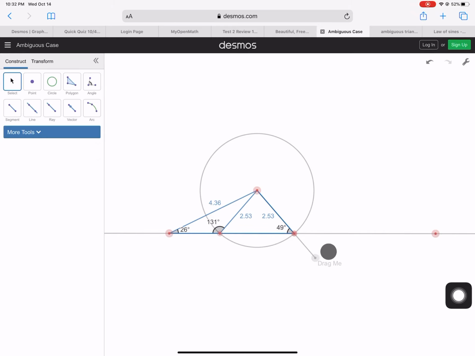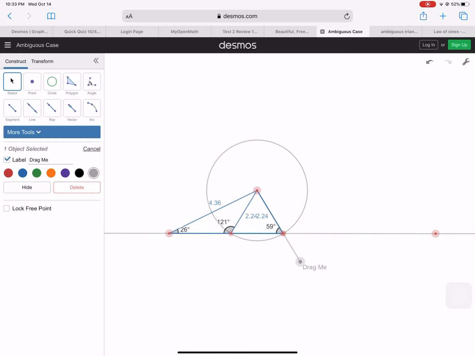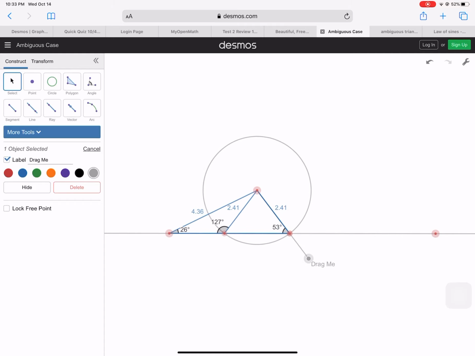If I drag it some more and change that angle, as you can tell, they're both changing the same way. Right, 71, 72. They add up to 180. So that's the coolest thing: if you know one angle using law of sines, you can always find that second angle.